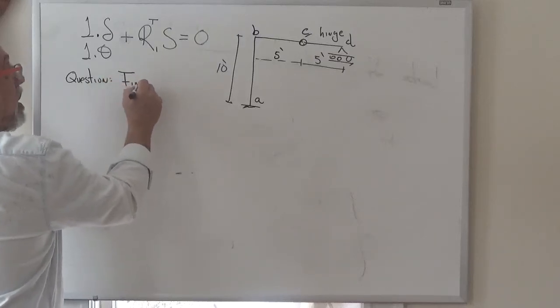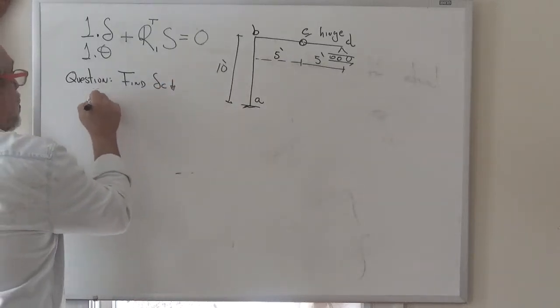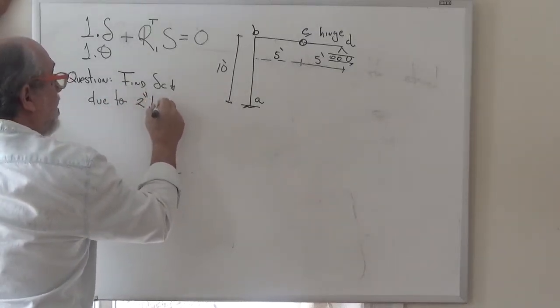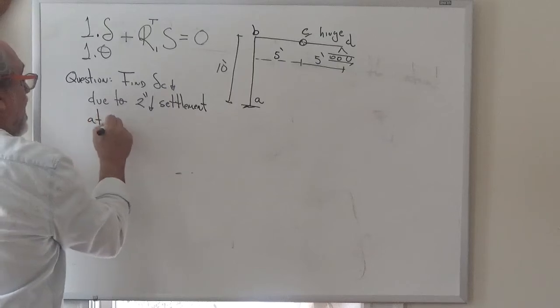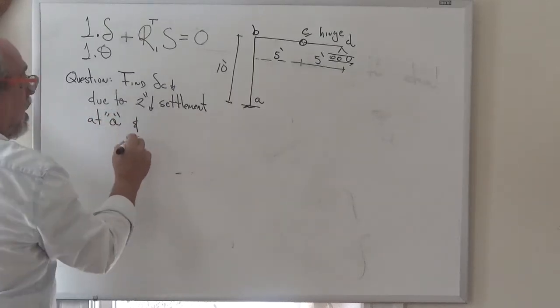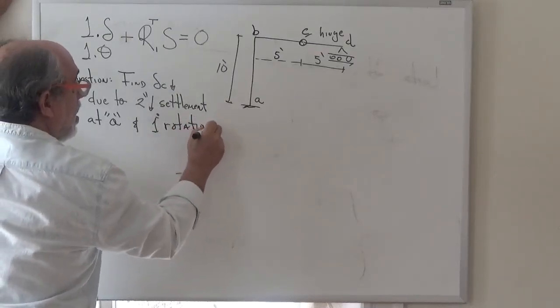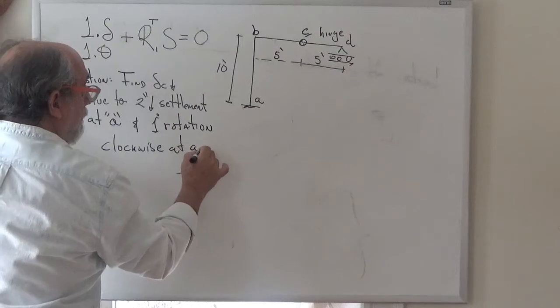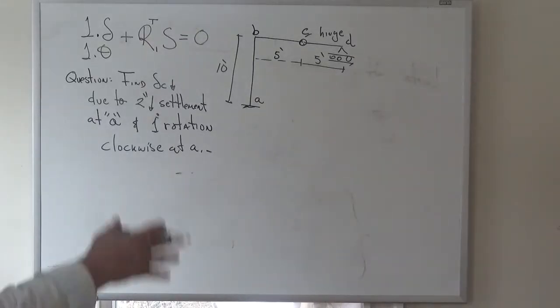Find delta C in the vertical direction due to 2 inches downward settlement at A and 1 degree rotation clockwise at A. Okay, find delta C in the vertical direction due to a 2-inch settlement at A and a rotation of 1 degree at A also.